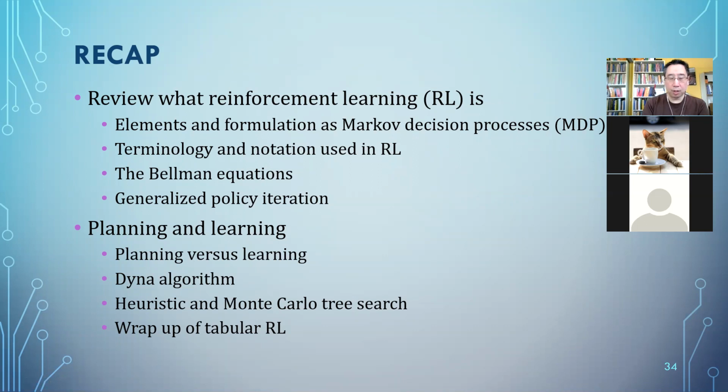Ultimately, we looked at using heuristics and Monte Carlo tree search as ways of directing your planning resources to the most promising state actions in a tree that you grow from your current state. And then the quick wrap up was to unify dynamic programming, TD learning, Monte Carlo, and a little bit of the planning that we talked about today.